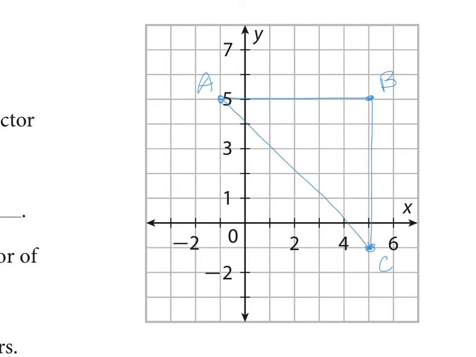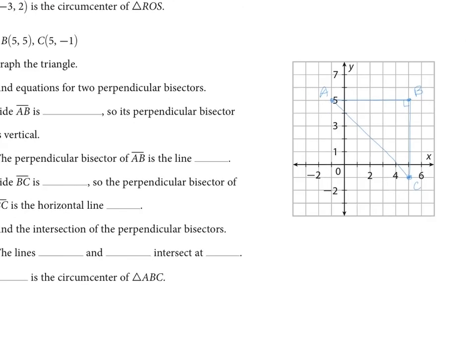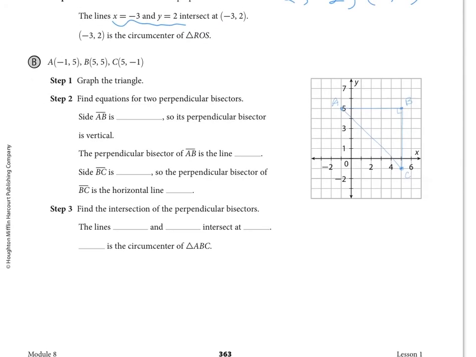And of course we've got another right triangle. So we're going to find perpendicular bisectors of those sides that make the right angle, which will help us out. Side AB, we are told, side AB is of course horizontal. And so its perpendicular bisector is vertical.